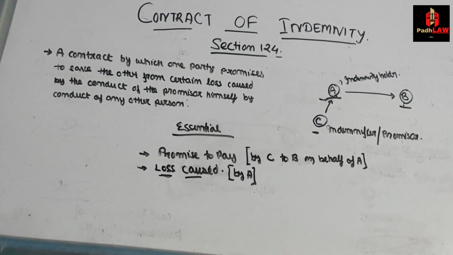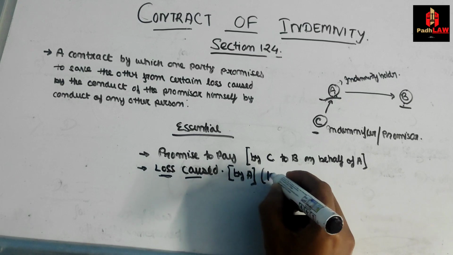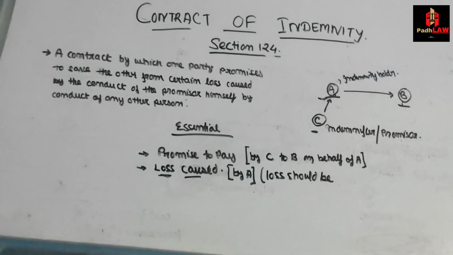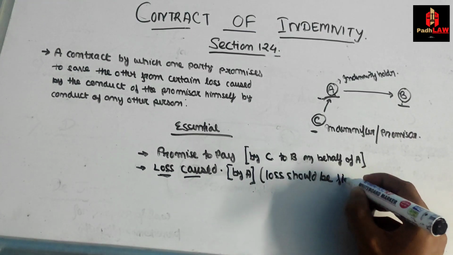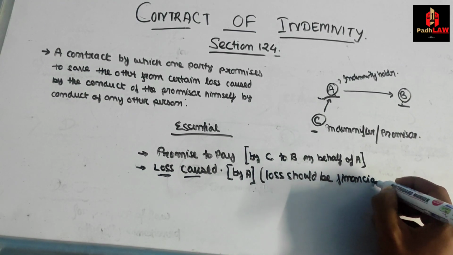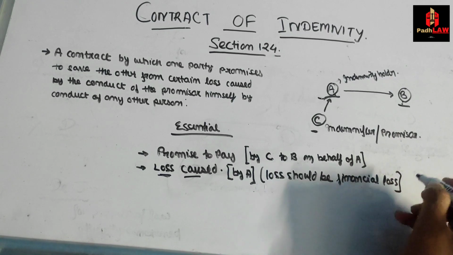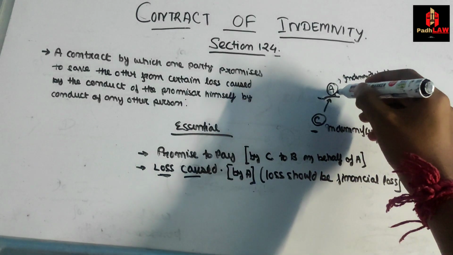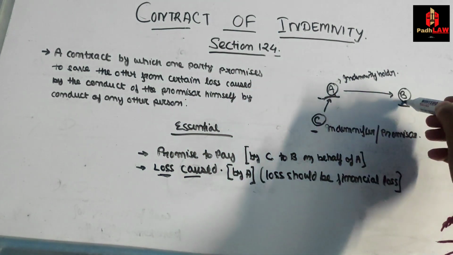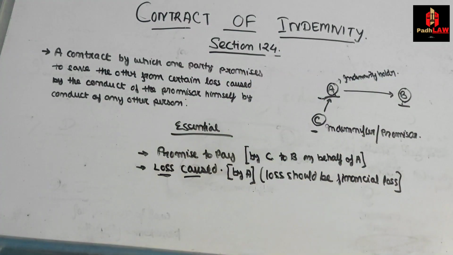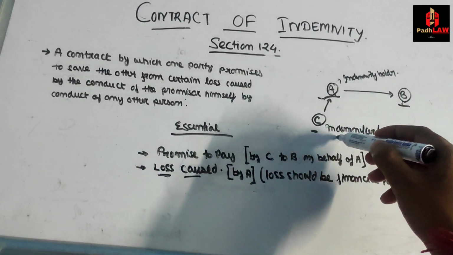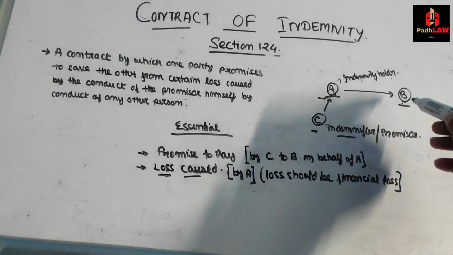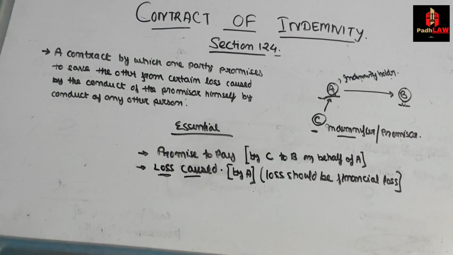Okay, this is an important one. You can write all these essentials: loss should be financial loss, ठीक है, caused by A. Then only C will pay to B on behalf of A, that is, the indemnifier will pay on behalf of the indemnity holder to the main owner.